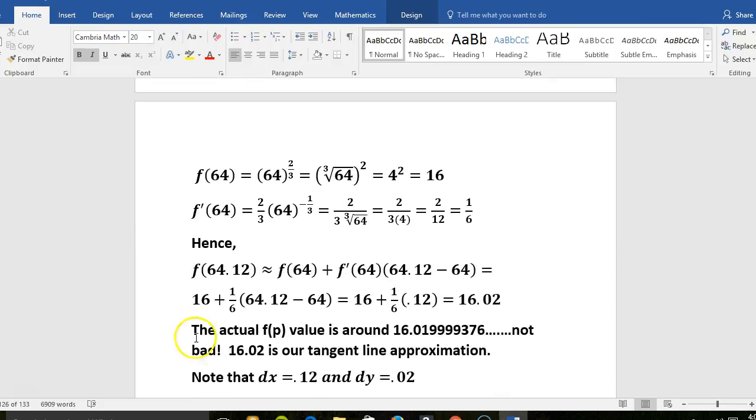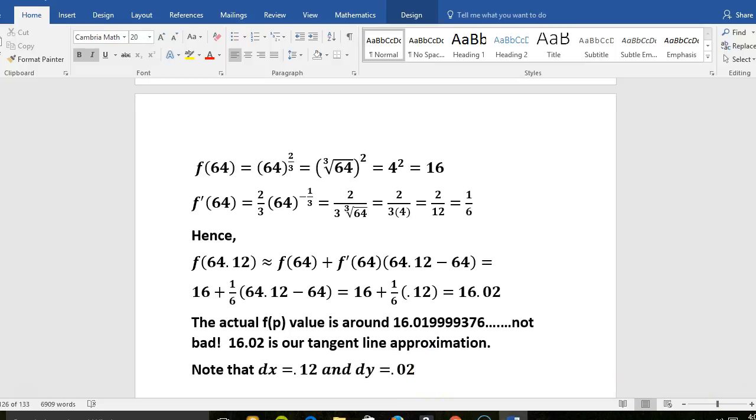And then we got an approximation for f of 64.12, which is 64.12 to the 2/3 power. So we used this much easier approximation, and we came up with 16.02, and we recall that dy is 0.02, whereas dx is 0.12, where dx really comes first. So dx is 0.12, dy is 0.02.